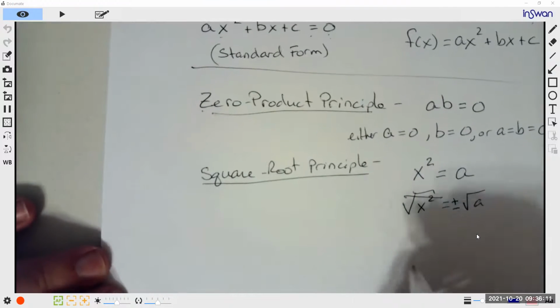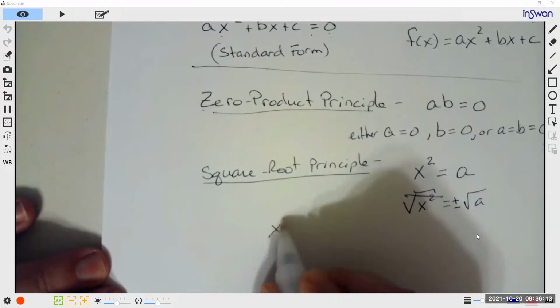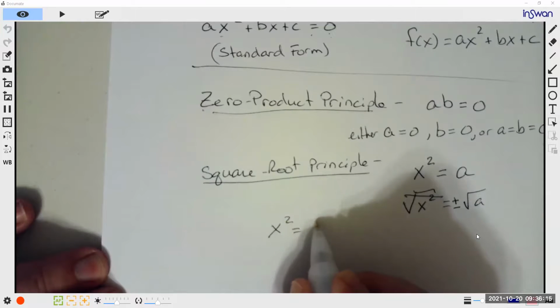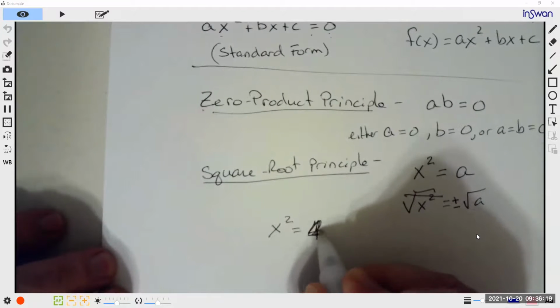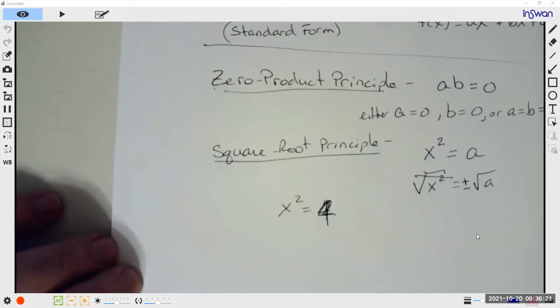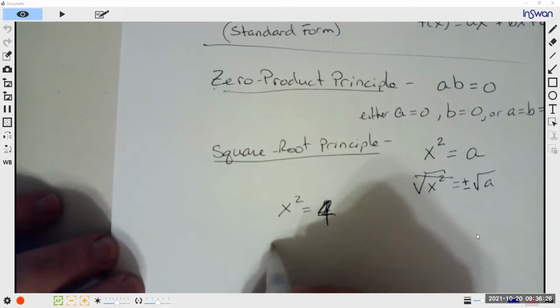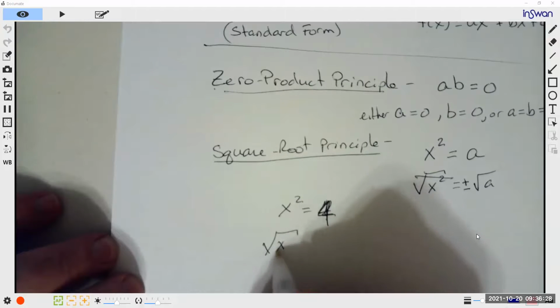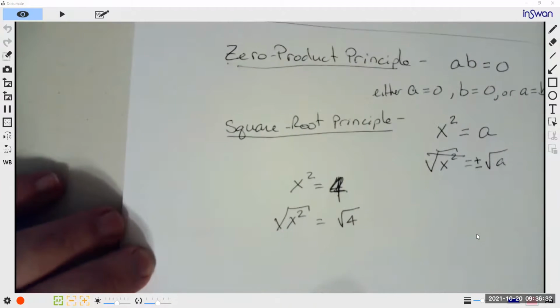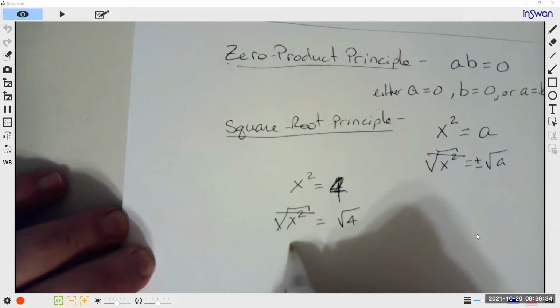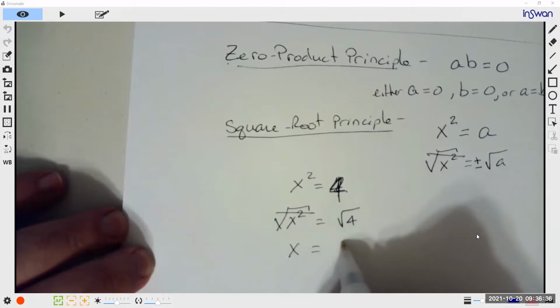Here's an example. If x squared equals, let's say 4, not 2, just say 4. What can be true? So we square root both sides. Those cancel, so x is the square root of 4, which is 2.